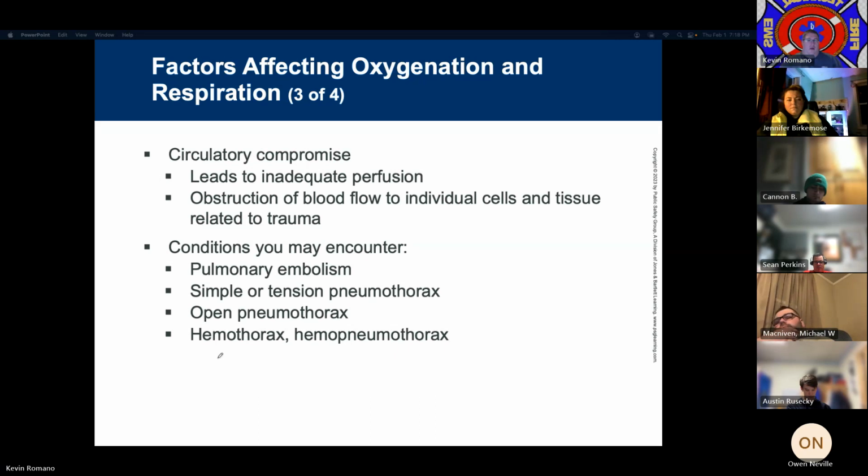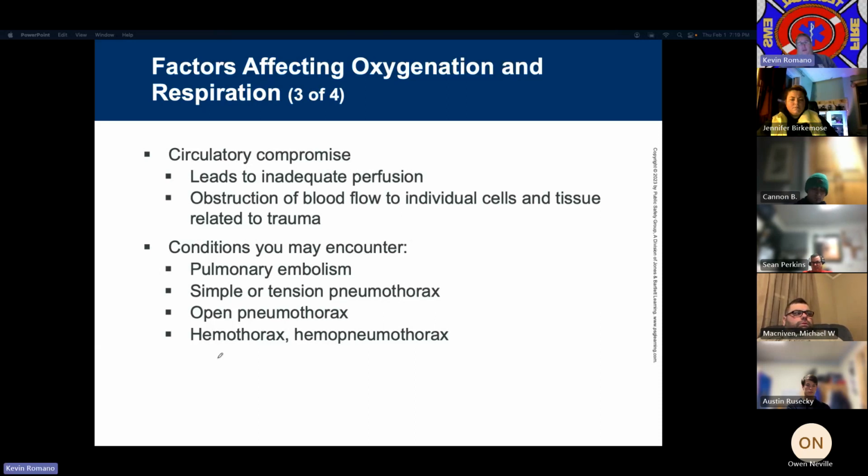All right. Circulatory compromise leads to inadequate perfusion. If your heart is not pumping effectively, and you have any kind of compromise, whether it be cardiogenic shock to hypovolemic shock, things like that, if patients are losing blood or the heart can no longer pump, or if you have someone with like a pericardial tamponade, pericarditis, things that can reduce oxygen levels. This leads to inadequate perfusion.